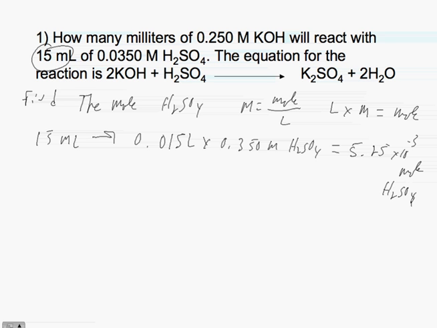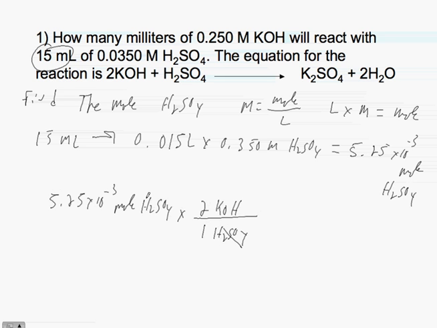Alright, now that we found the moles of our H2SO4, we're going to find the moles of the base using the balanced chemical equation. If I have 5.25 times 10 to the minus 3 moles of H2SO4, from my balanced chemical equation I know that for every 1 mole of H2SO4, I have 2 moles of potassium hydroxide.